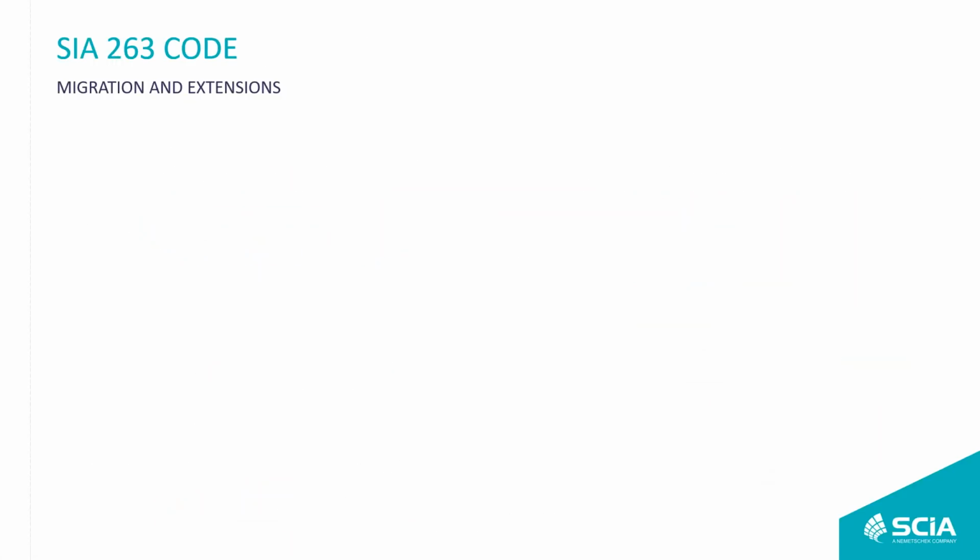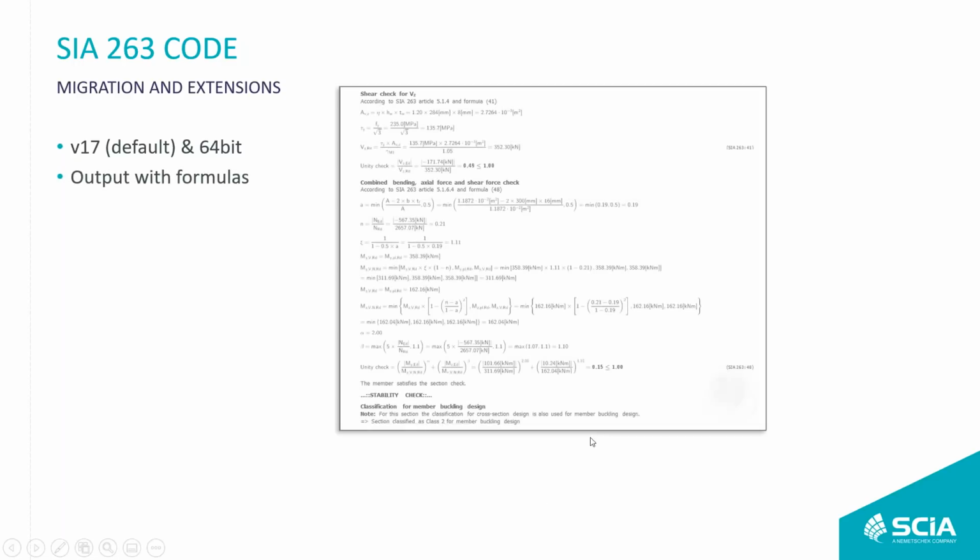Now about the Swiss code, just one slide. We rewrote the previous implementation so that it runs in the 64-bit version of SCIA Engineer, and so the check is now available in the default, previously called V17, post-processing environment. The output is quite nice, the same as for the Eurocode, with all formulas with references.